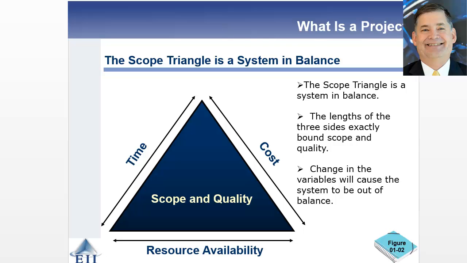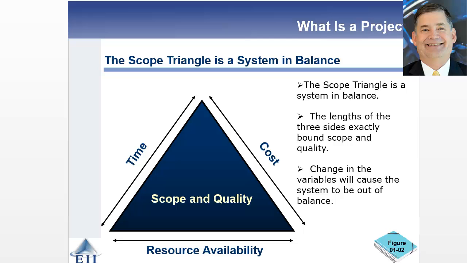So the idea behind the scope triangle is that during a project, you're going to have to balance time and cost and resource availability as well as scope and quality, that all of these are tied together.